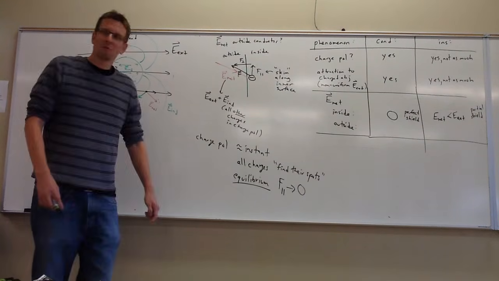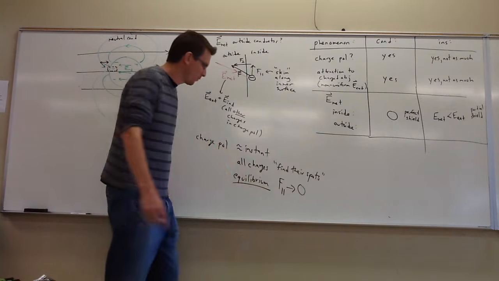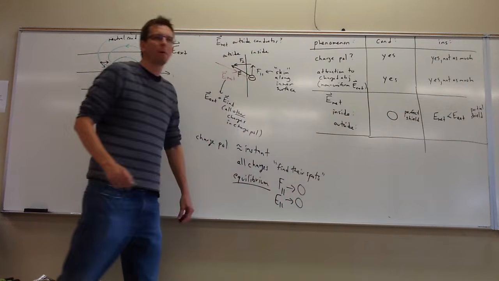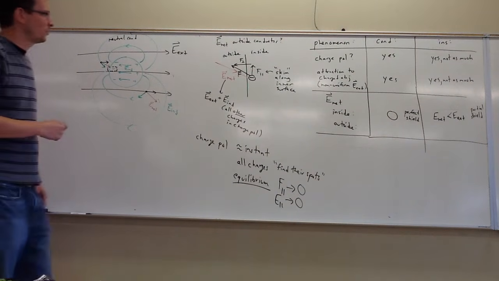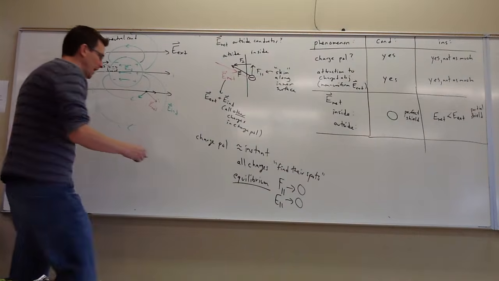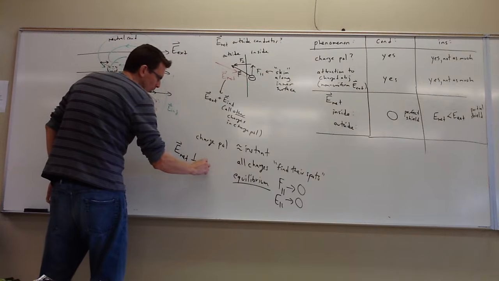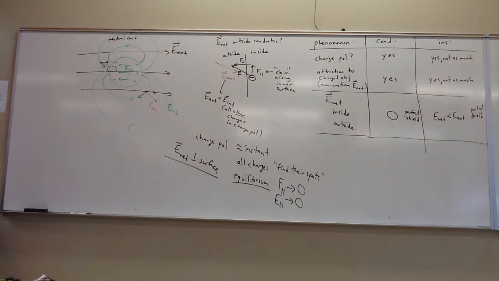So what I'm trying to tell you here is that if F parallel goes to 0, what we're forced to conclude is that E parallel has gone to 0. There is no component of the electric field anymore which would tend to make that happen. So what have I just proven? I've proven by counterexample that E net will end up being perpendicular to the surface on the outside.